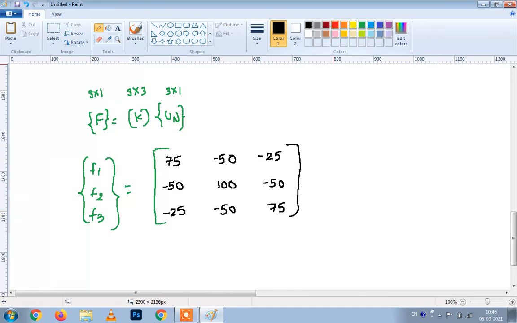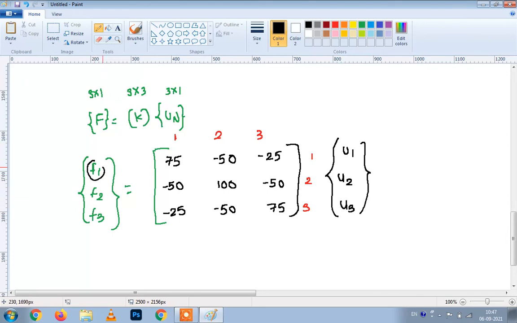The dimension of this is 3 by 3, multiplied by the nodal displacement. The nodal displacement for node number 1 is u1, for node number 2 u2, for node number 3 u3.